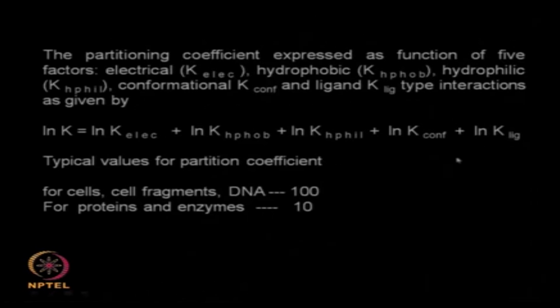So you could have a large combination of partition coefficients all adding up to give you the overall partition coefficient for the protein. Typically, if you are talking about cell fragments or DNA, the K value will be of the order of 100. If it is protein and enzyme, the K value will be of the order of 10.